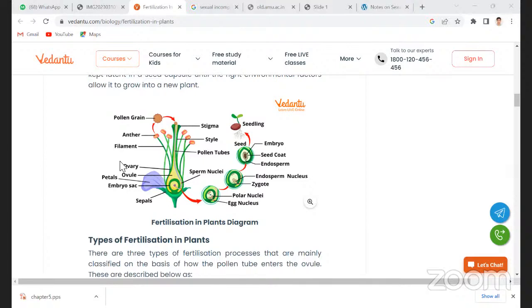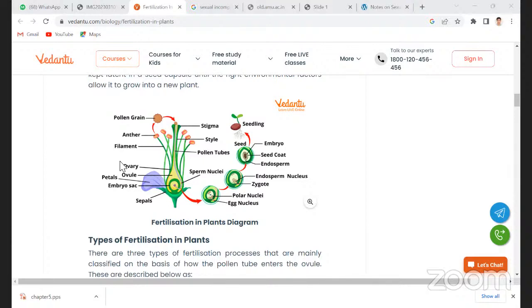In gymnosperms, the endosperm is haploid, meaning a single set of chromosomes, and is formed before fertilization.